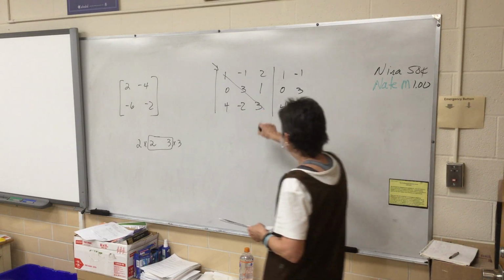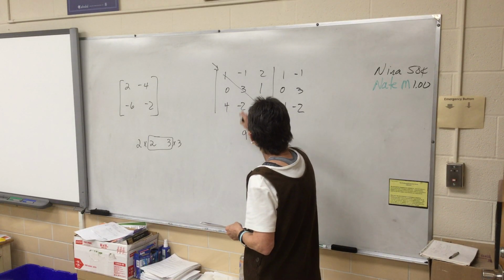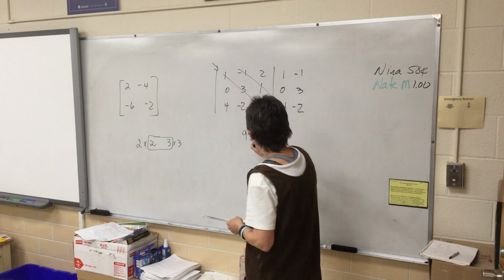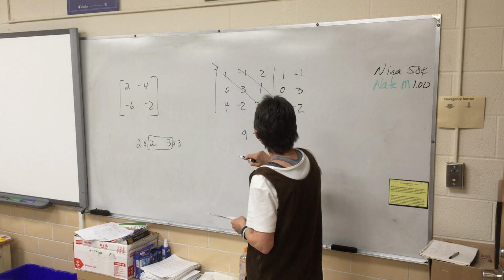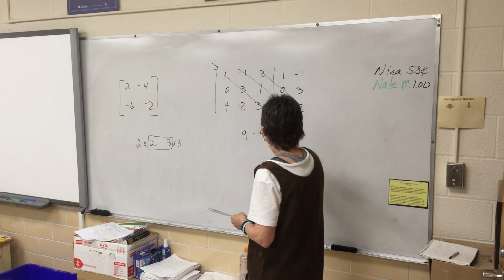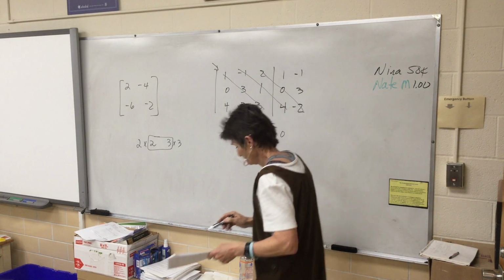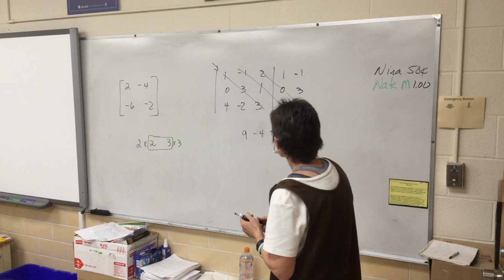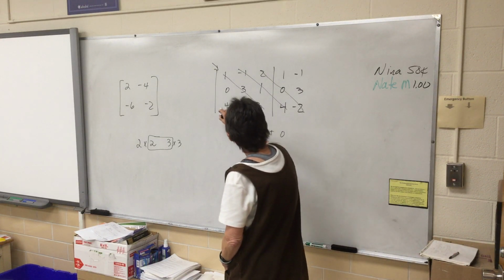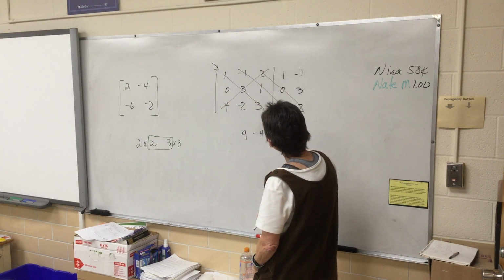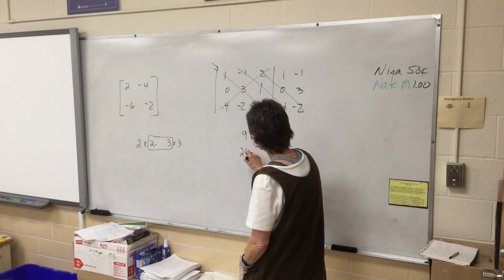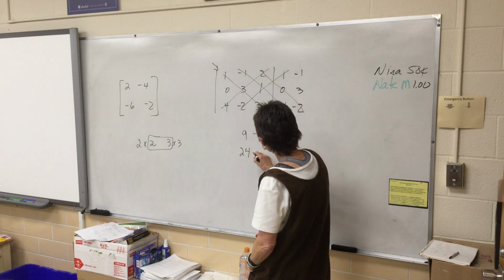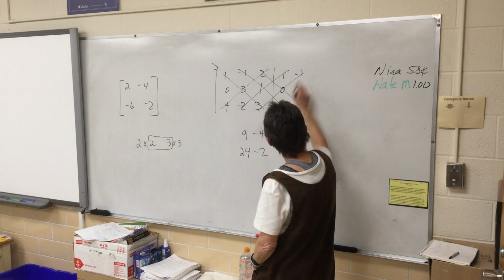So we multiply down and get 9, multiply down again and get negative 4, and multiply down again and get 0. All right, then we multiply up and get 24, up and get negative 2, and up and get 0.